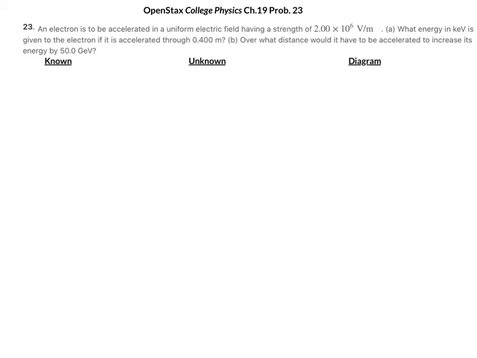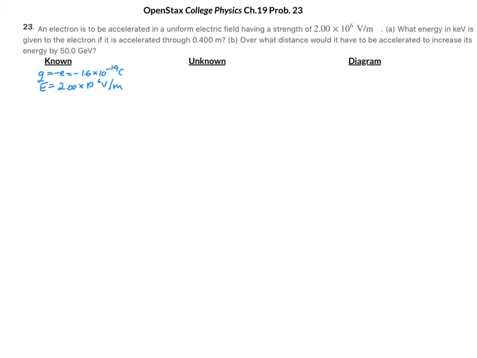So let's write down the things that we know. We're dealing with an electron, so the charge of the electron is negative e, or negative 1.6 times 10 to the negative 19 coulombs, and it is accelerated in a uniform electric field that has a value of 2 times 10 to the 6th volts per meter.